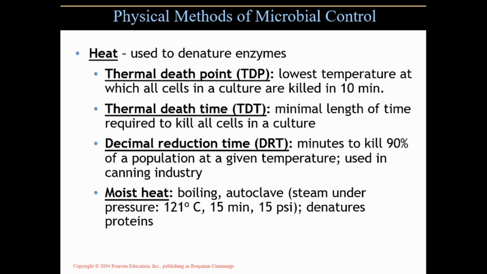But 15 minutes minimum, and on most autoclaves you can adjust this, that will ensure sterilization. So once the autoclave gets up to 121 Celsius and 15 psi, it will keep it there for at least 15 minutes. And that is the time and temperature and pressure at which sterilization can be achieved.